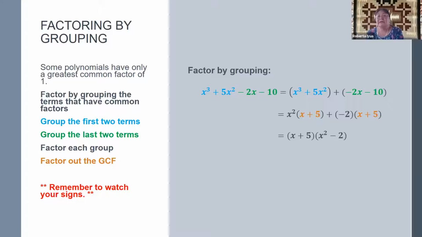As you can tell in this one, I've done the greatest common factor two times. The first time out of the first 2 groups, and then we're going to do it again on the second, which is x plus 5 is the greatest common factor, and combined it and regrouped x squared minus 2.